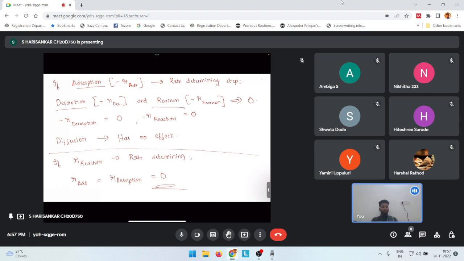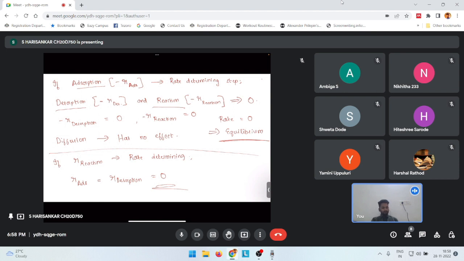So what do you mean rate is equal to zero? That means these are in equilibrium. Basically, if adsorption is the rate determining step, then desorption and reaction will be in equilibrium, because these are all reversible reactions, right?